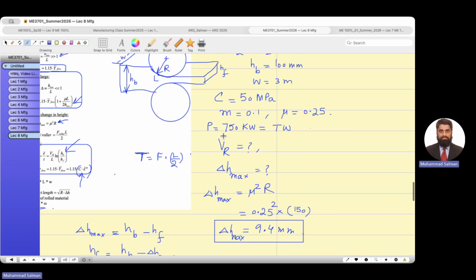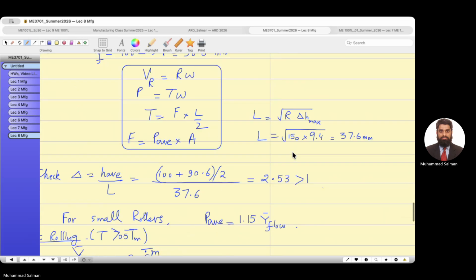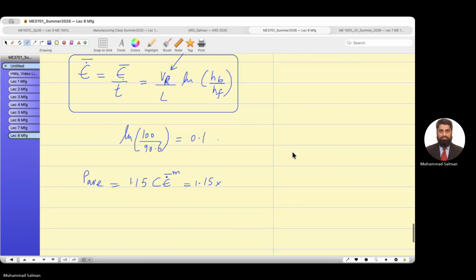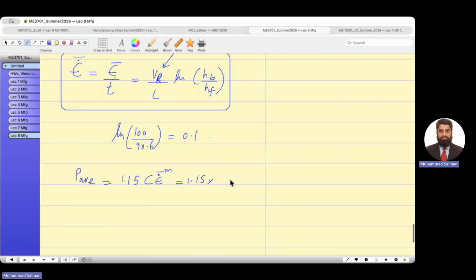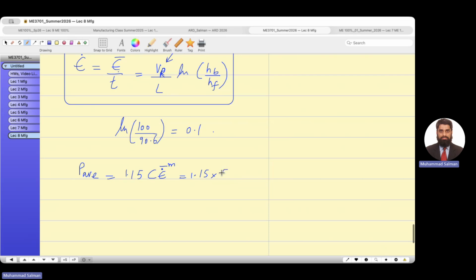Yes, 750 kilowatts is given. C is how much? C is 50 megapascal. Yes, C is 50 megapascal.